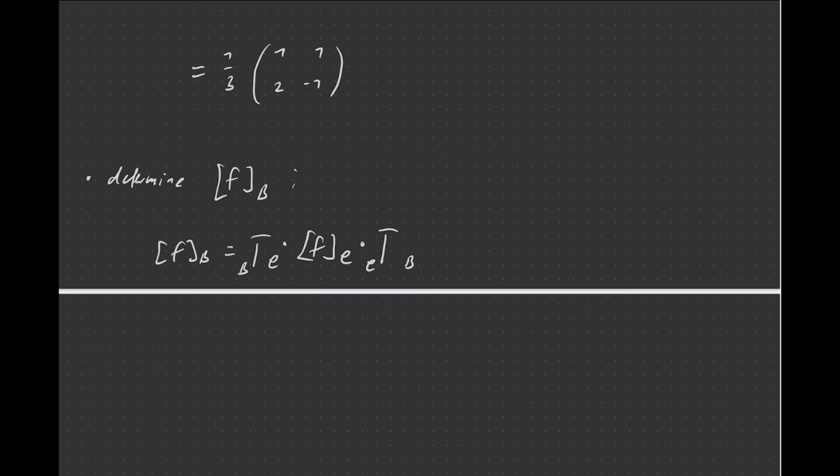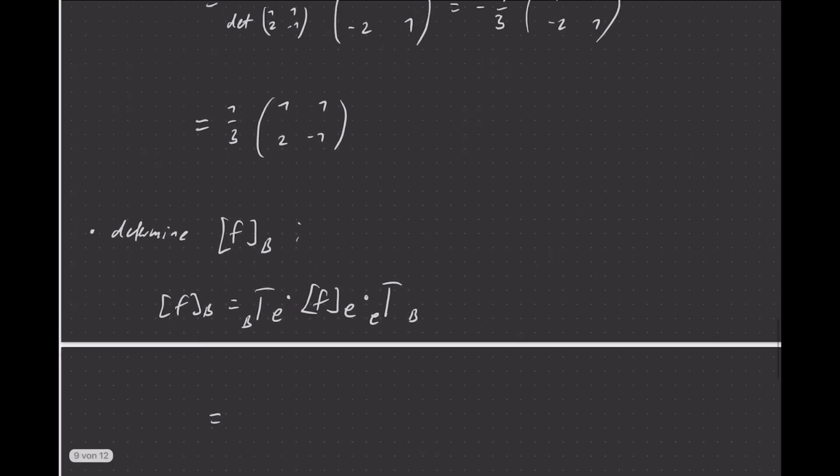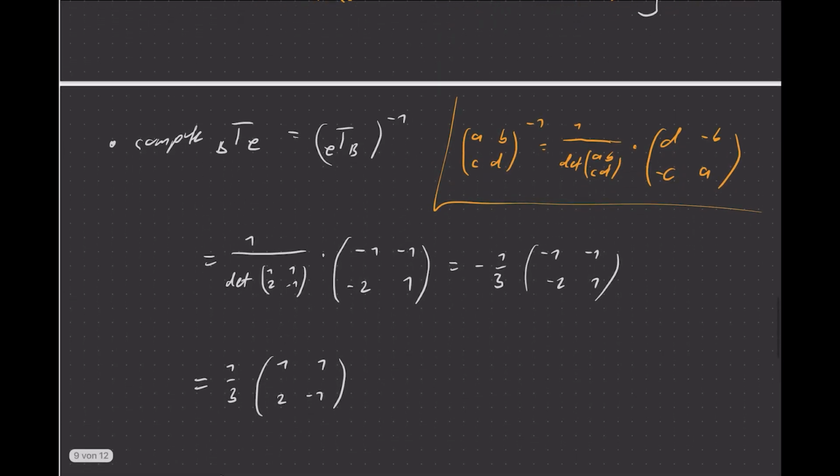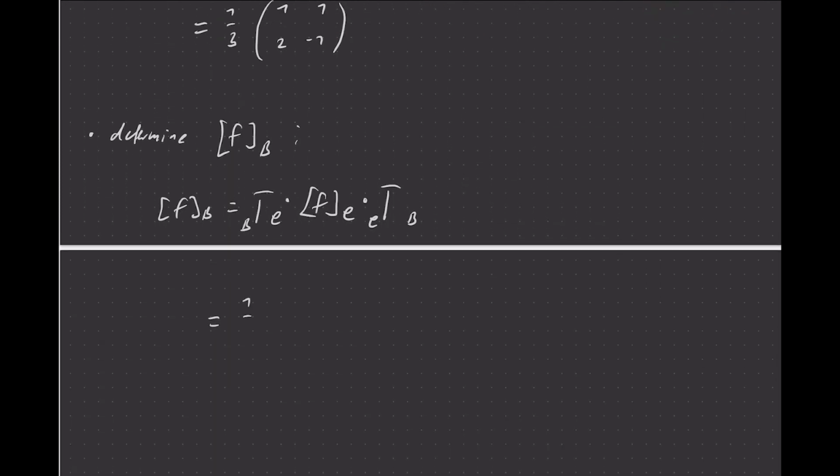And we now all have these matrices here, so let's write those down. First one, the transformation from C to B, remember, that is this one here. So that's 1 over 3 times 1, 1, 2, minus 1.